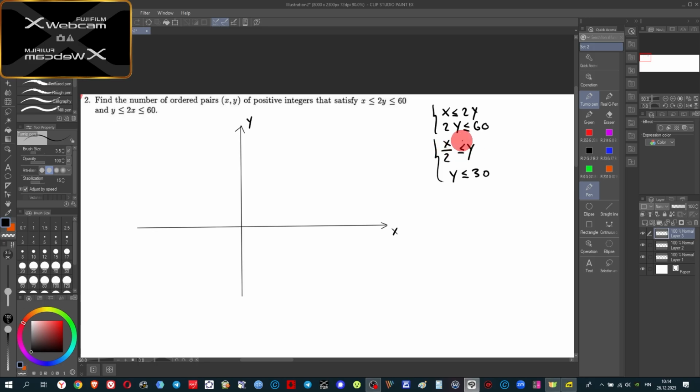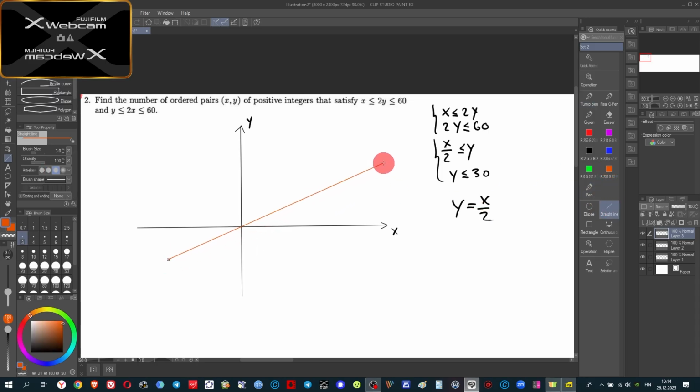In order to draw this one, we first look at y equals x over 2, and it is obviously the line that passes through the origin, and we know that the angle of inclination of this line with respect to the x-axis has tangent of 1 over 2. So tangent of alpha is 1 over 2, the angle between this line and the positive direction of the x-axis.